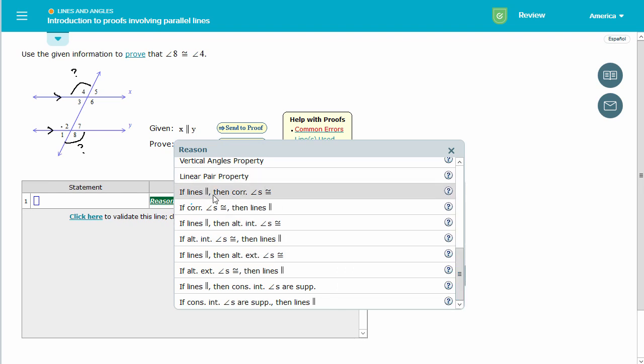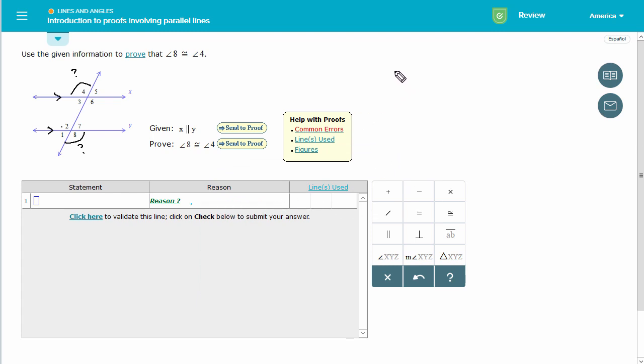So, if lines are parallel, corresponding angles are congruent. Alternate interior angles are congruent. Alternate exterior angles are congruent. And consecutive interior angles are supplementary. We don't want that one.